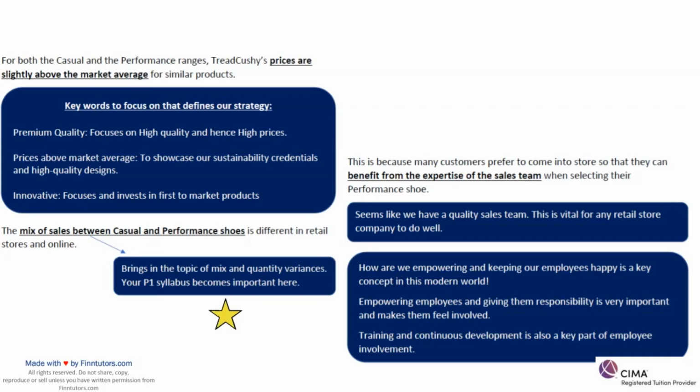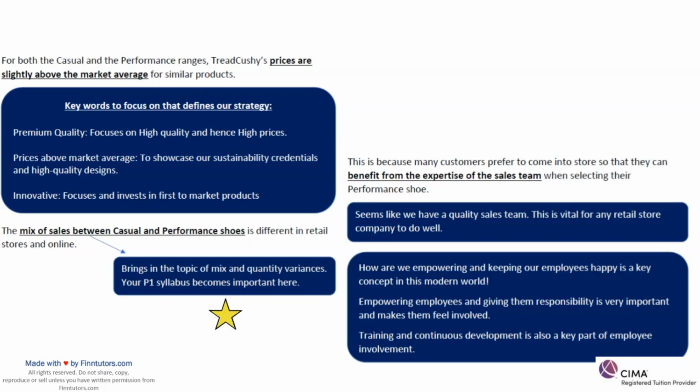Next, this is because many customers prefer to come into a store so that they can benefit from the expertise of the sales team when selecting their performance shoe. So, seems like we have a high quality sales team. This is vital for any retail company to do well. Now, my question is, how are we empowering and keeping our employees happy? Is a key concept in this modern world. So, empowering employees, giving them responsibility is very important.